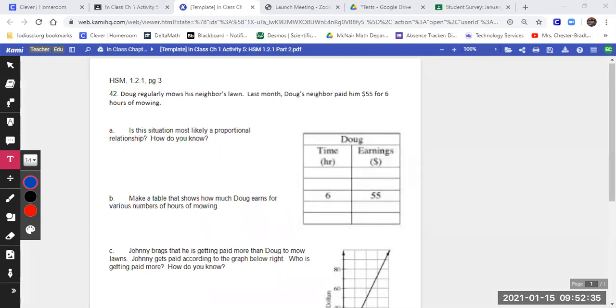How do we know the table is proportional? Well, they'll all have patterns, but remember we talked about it on the very last question of yesterday's notes. What was so special about the tables?